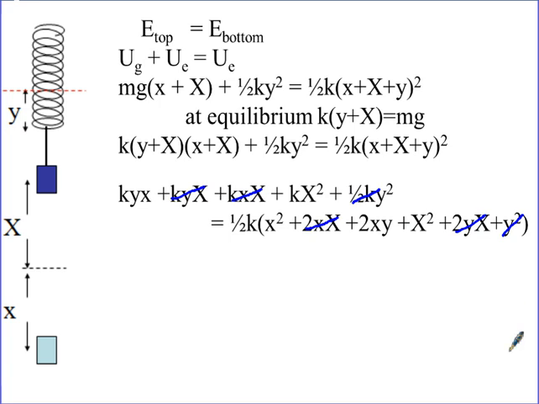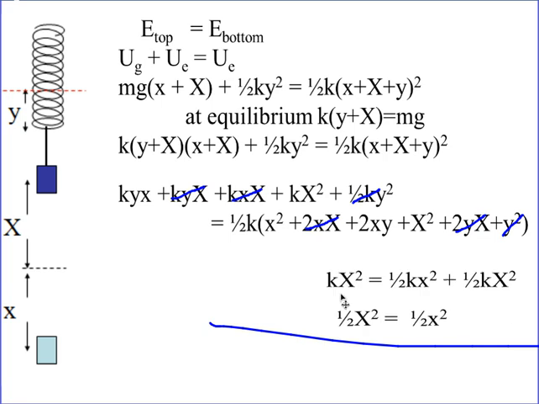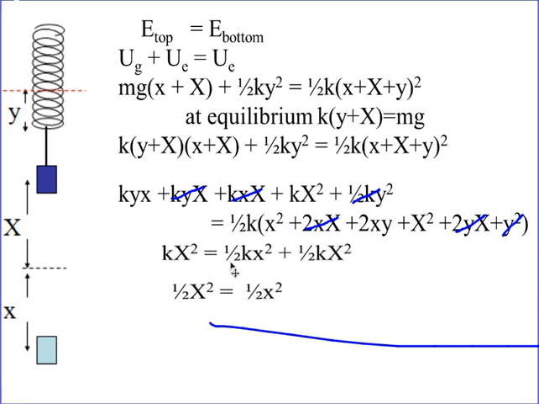What I'm left with is, here I've got a kx squared, and over here I've got a one half k little x squared, and then I'll subtract this from this.